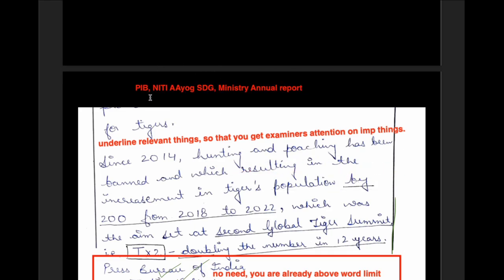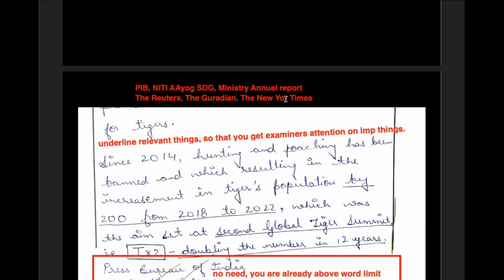Then, if you are writing on international matters, you can write Reuters, the Guardian. If you are writing something relevant to the US, then the New York Times.